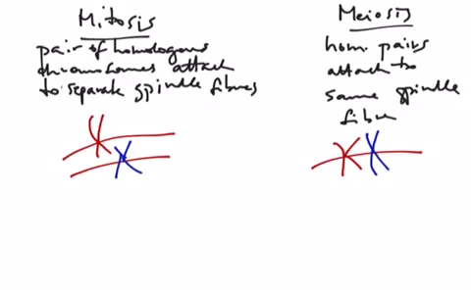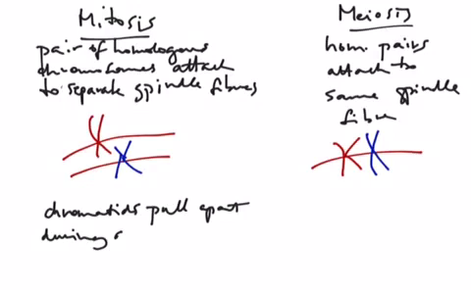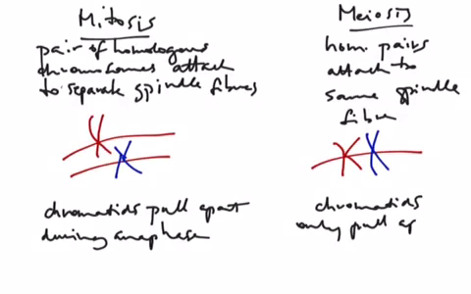In mitosis, the chromatids pull apart during anaphase, but in meiosis, the chromatids only pull apart in anaphase 2. So in anaphase 1 they remain connected. So these would be the key differences between mitosis and meiosis.